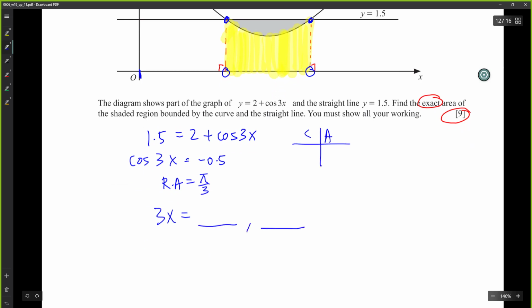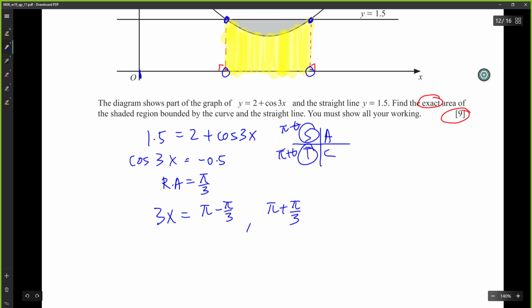From ASTC, cos is negative in the second and third quadrants, right? I say positive angle, not positive value. The second quadrant is pi minus theta and the third is pi plus theta. So this one I will do pi minus pi over 3, and this one will be pi plus pi over 3.